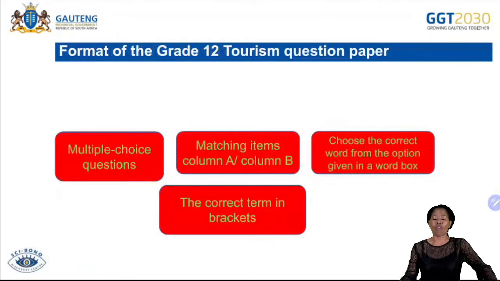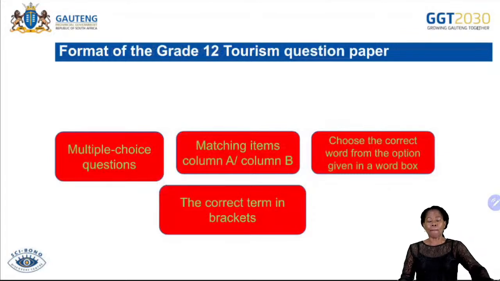How is the format of our question paper? Remember I said we've got section A that consists of short questions. And then in our short questions, you will find multiple choice questions.